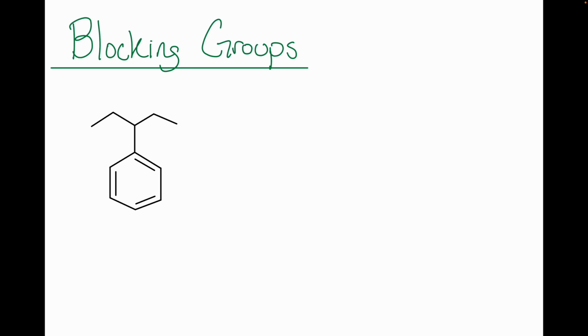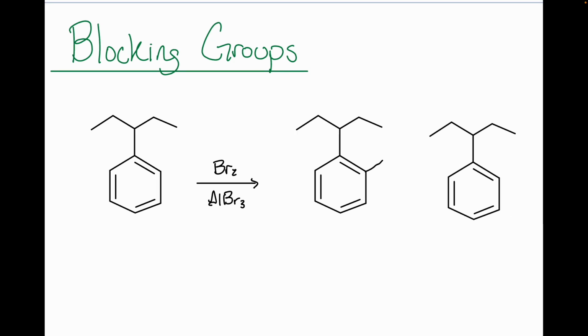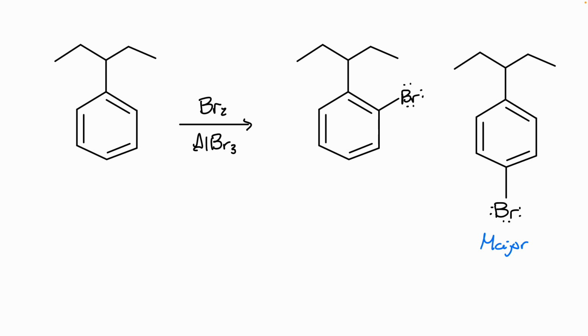If we were to perform a subsequent electrophilic aromatic substitution reaction, so we'll do a bromination, our mixture of ortho and para products would be really skewed towards one of these two products. And that would be our major product, that para product, because of what we call steric hindrance.